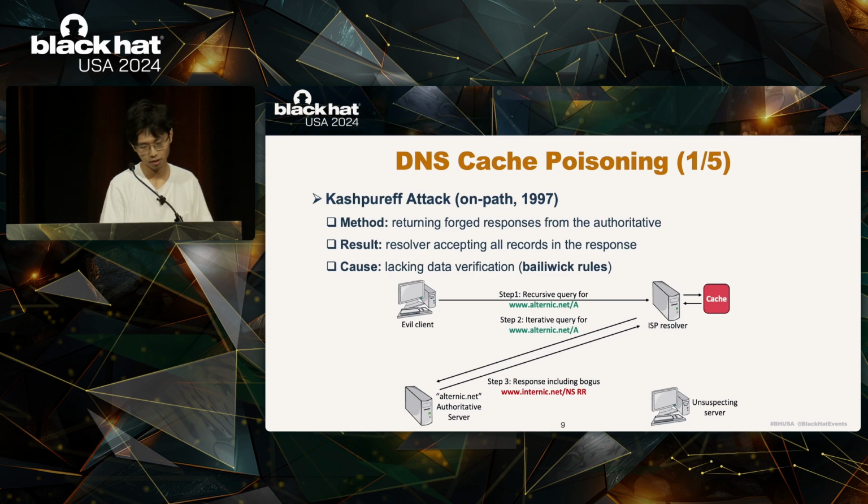Besides, you can see that the forged internet DNS records are included in the response that's controlled by the attacker. Then the resolver will trust the fake internet DNS record and use it for future queries, which is hijacked. The root cause is the lack of verification for the DNS response.